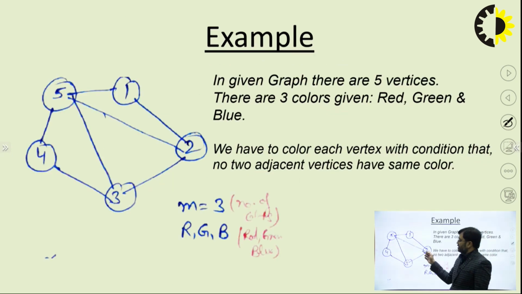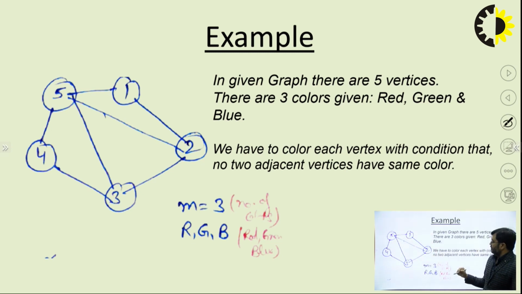Let's take this example. Here 5 vertices are given: vertex number 1, 2, 3, 4 and 5. There are 3 colors given. In this type of problem we are given a graph with some colors also.